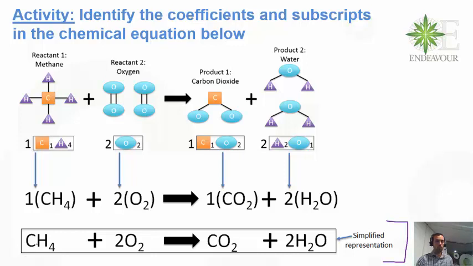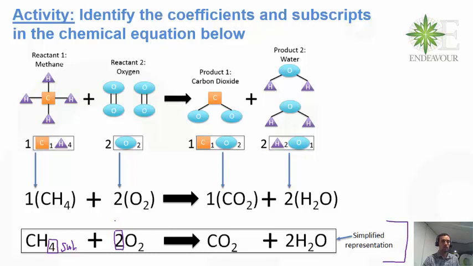Okay, so let's work from left to right here. In the first molecule, we've got one number here, which is a subscript. That subscript tells us that there are 4 hydrogen atoms within our CH4 molecule. The next number we encounter is a 2 in front of our oxygen.